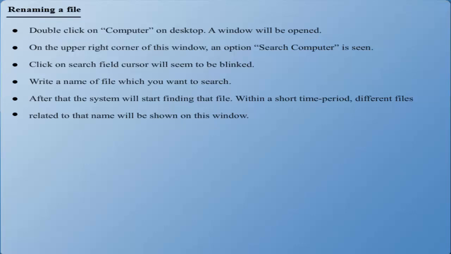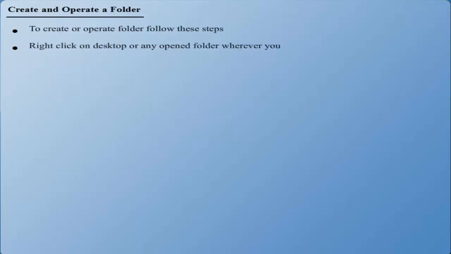Creating and operating a folder. Creating or operating a folder is a very easy task. To create and operate a folder, follow these steps. Number 1. Right-click on the desktop or any hard drive, wherever you want to make a folder. Number 2. Then a dialog box will open. Choose the option New. Number 3.